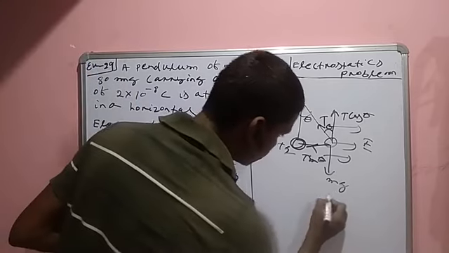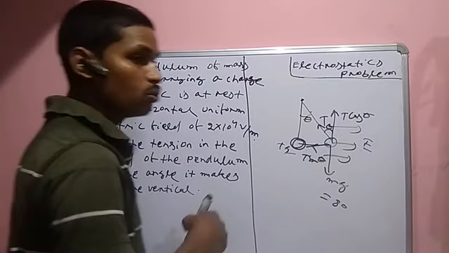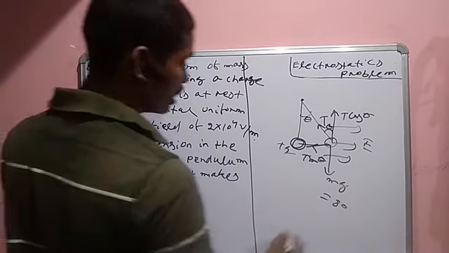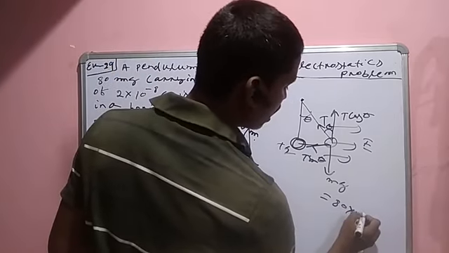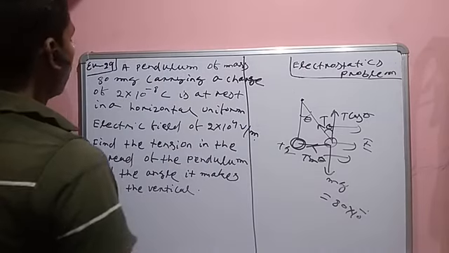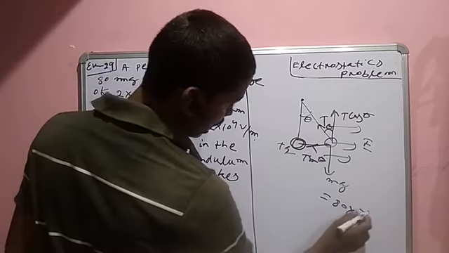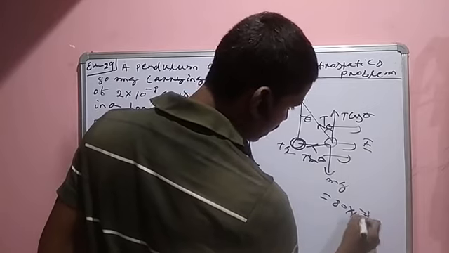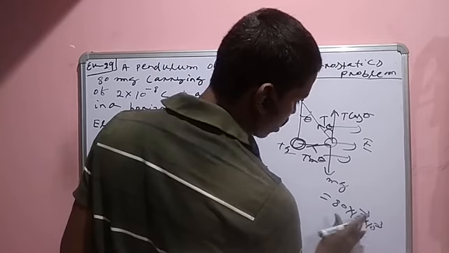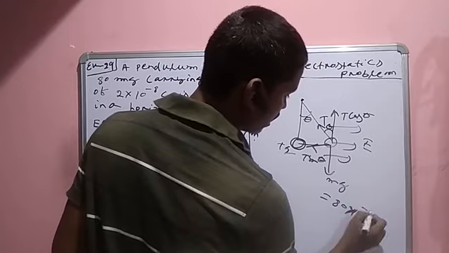Mass 80 mg has to be converted to kg. 80 milligram is 80 into 10 to the power minus 3 gram, then converting to kg another 10 to the power minus 3, totally 10 to the power minus 6 kg.